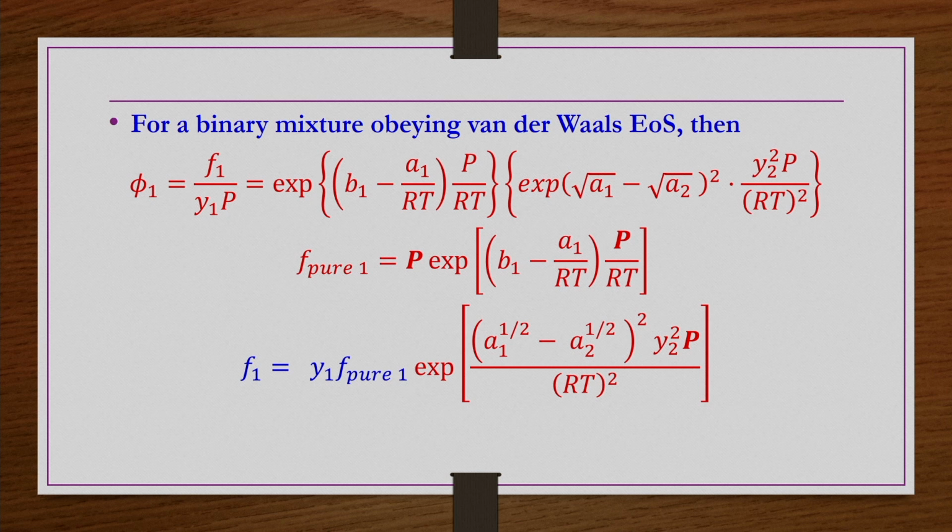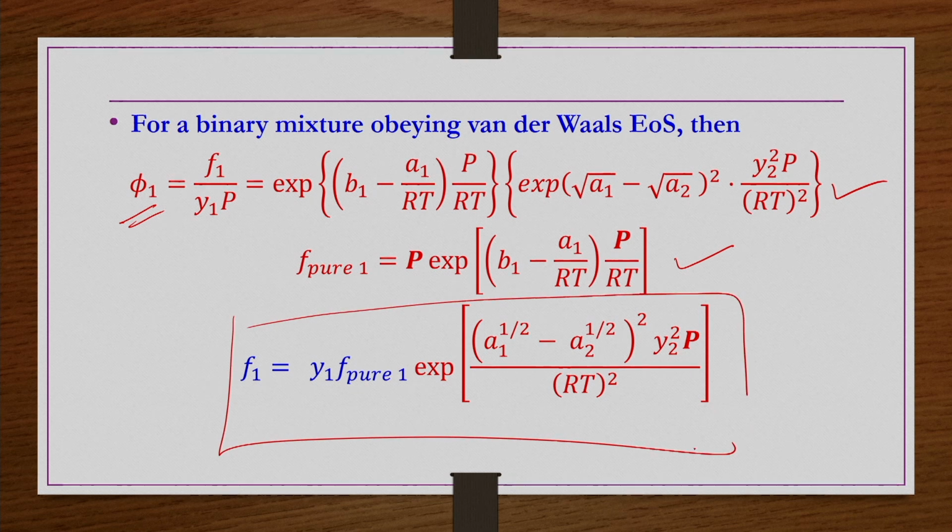Then for a binary mixture obeying van der Waals equation of state, we have found the fugacity coefficient of the first component, phi1, as this one, which we have derived. Then for a pure component obeying the same van der Waals equation we derived this relation, and then we made a connection between these two equations and wrote f1 equals y1 f pure 1 multiplied by this exponential factor.